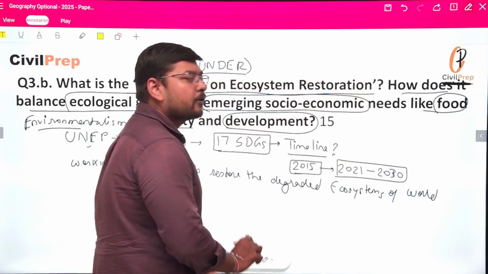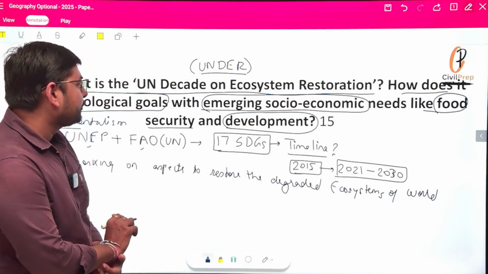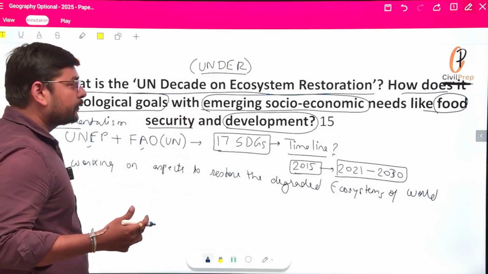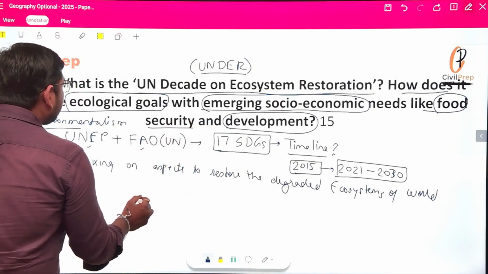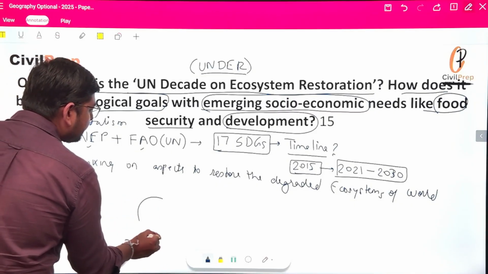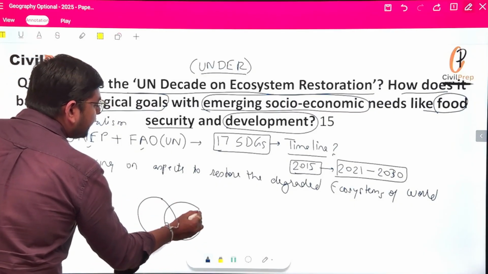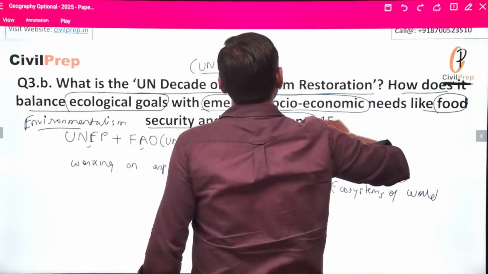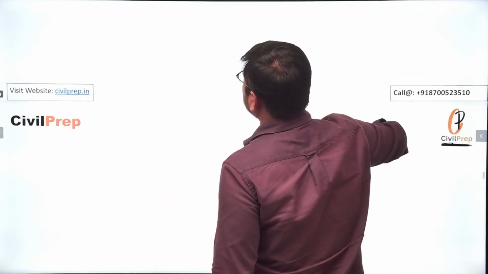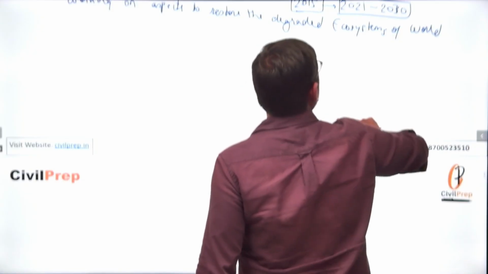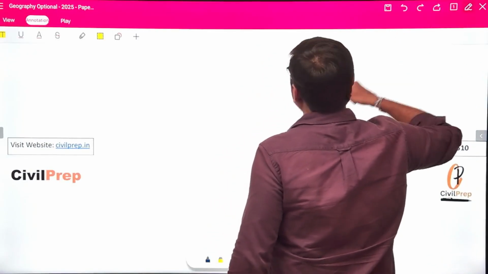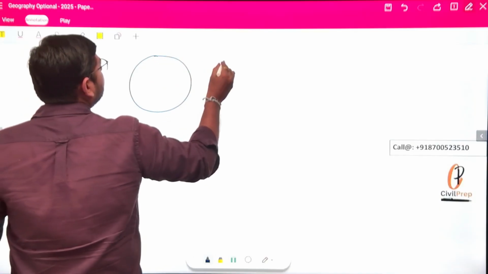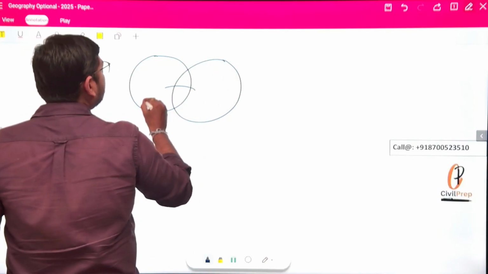Okay, so this was one of the important aspects taken into the picture. But how can this be done? How can this be taken up? Here we need to look at the aspect of sustainable development goals, where we have the picture here. So here we have three important areas.